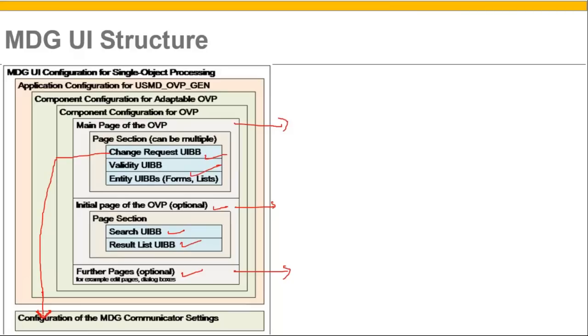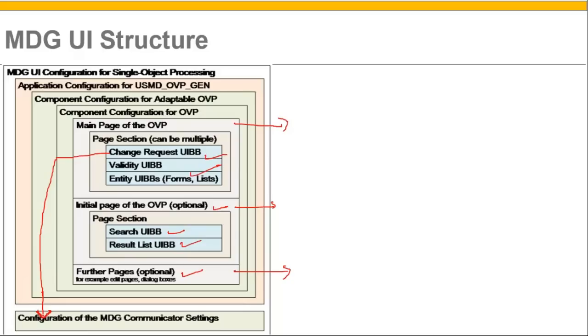Think that change request UIBB means change request general data section. Correct. So if you enhance in change request general data section, will that be the same way or is it something different from others? Same way. The concept of doing enhancements in MDG is the same way that we are doing FPM changes.